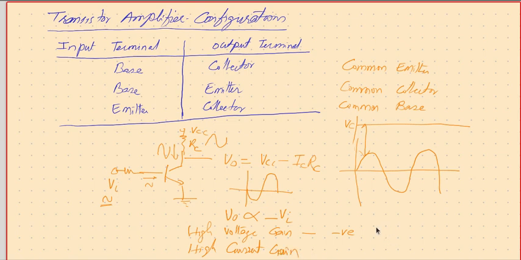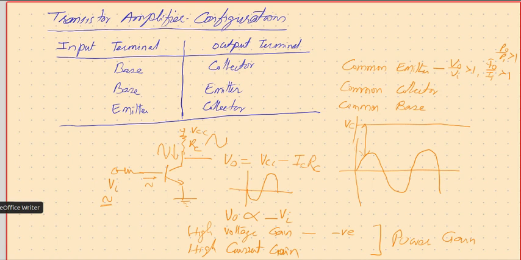In all, both voltage and current gains are high, therefore we can expect power gain from this circuit. So that's common emitter. We have voltage gain VO by VI greater than 1, IO by II greater than 1, and at the same time PO by PI is also greater than 1.